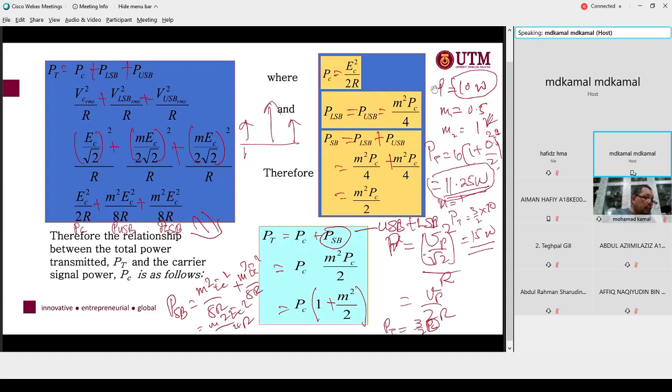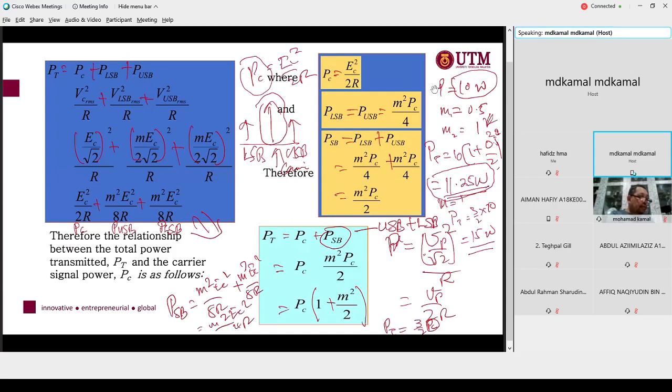This is the lower sideband, this is the upper sideband, this is your carrier. Most of the power exists here because we know that PC is EC square over R.